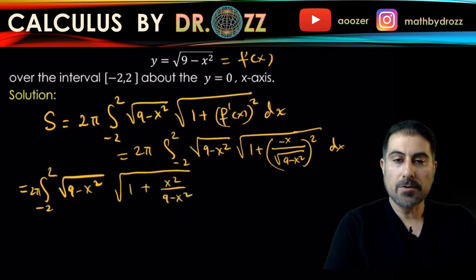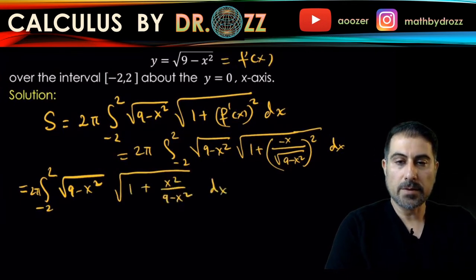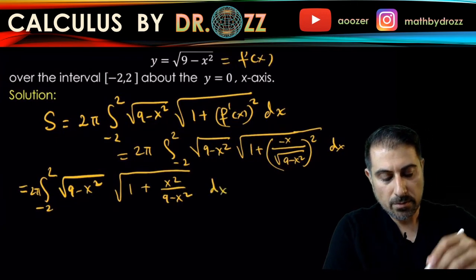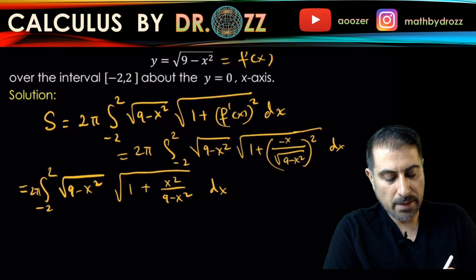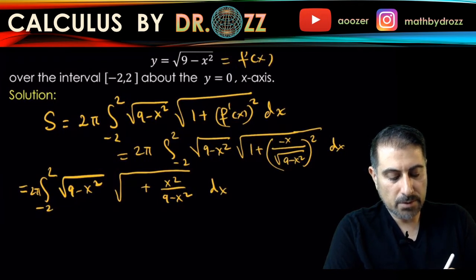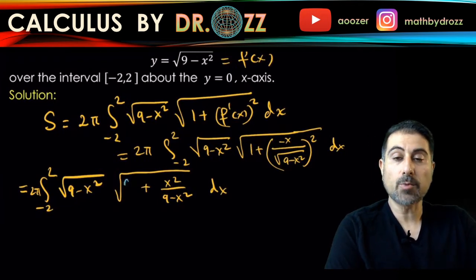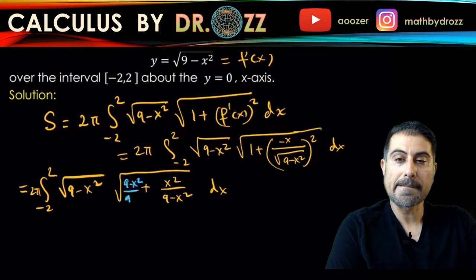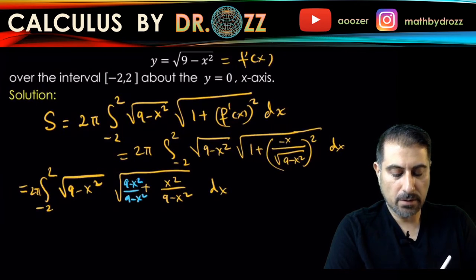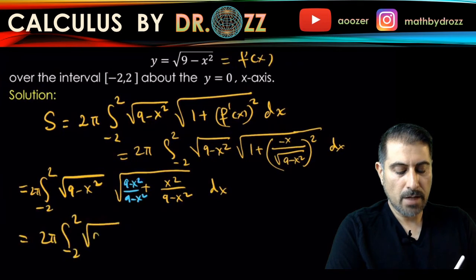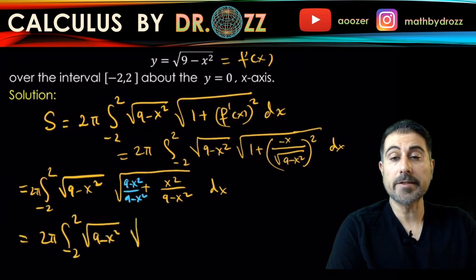And now what I'm going to do here is find a common denominator, so that I can replace this 1 by 9 minus x squared divided by 9 minus x squared. Okay? If you do that, I can simplify inside the radical as 9 over 9 minus x squared. Okay?